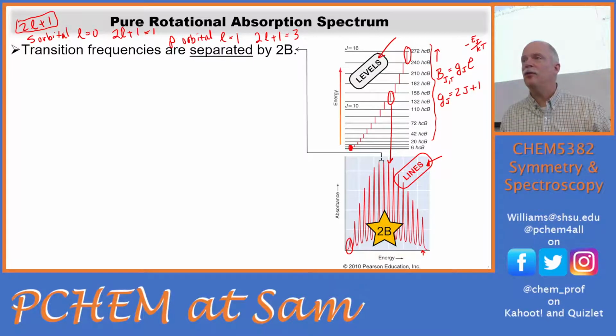We get to the d orbital, it goes S, P, D, L equals 2. 2 times 2 is 4, plus 1 is 5. We have 5 d orbitals. F orbital is 3. 2 times 3 is 6, plus 1, that's 7. 7 F orbitals. So we know about this degeneracy of rotating things from our atomic orbitals. Same thing for rotating things when the whole molecule is rotating.